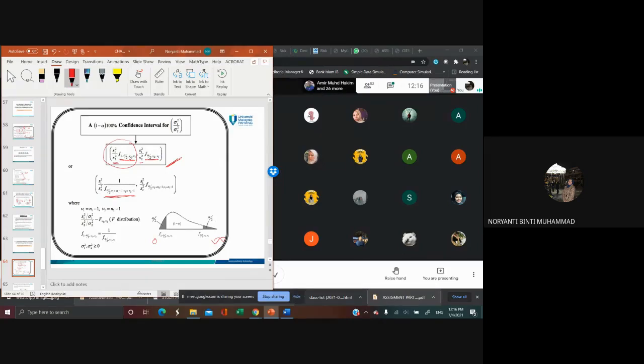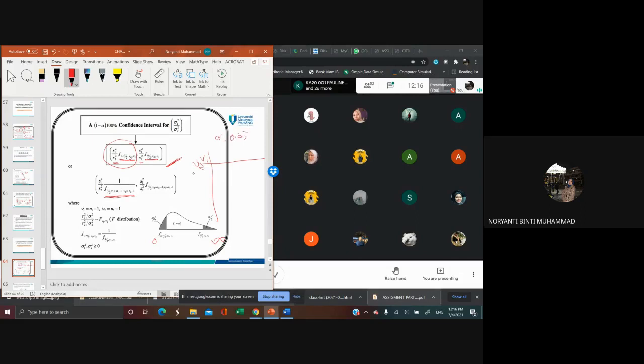You need to look first at what the alpha value is, and then in the F table you will have nu 1, nu 2, and here alpha, let's say 0.05.